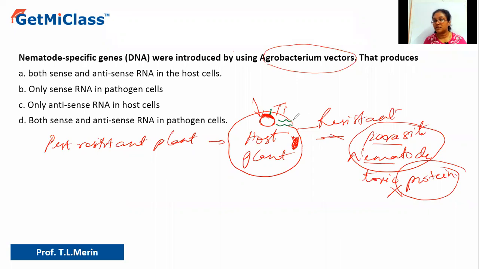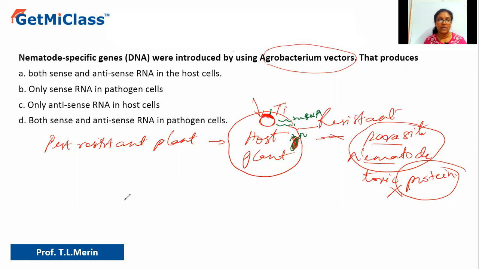This is because of double-stranded DNA, and each strand will act as a template for transcription, as we all know. So if one strand acts as a template for the sense strand, the other strand acts as a template for the antisense strand. Both are produced within the host cell. Whichever RNA is complementary to the RNA of the parasite will bind with it and convert it into double-stranded RNA.